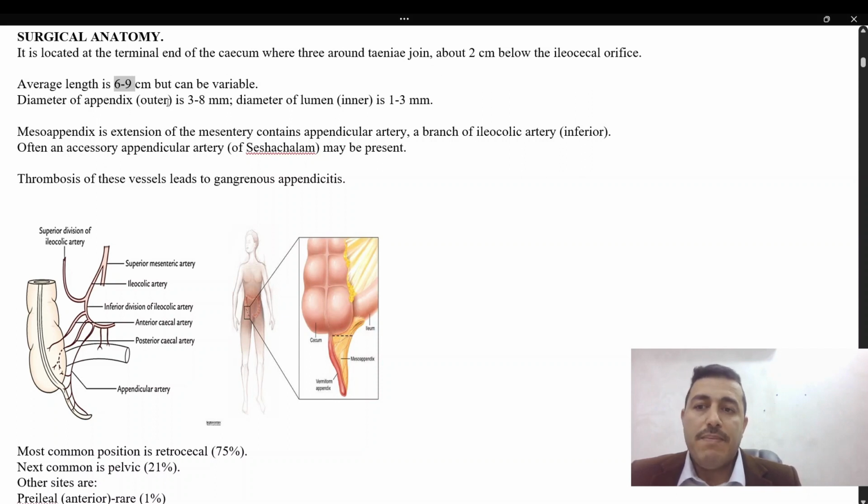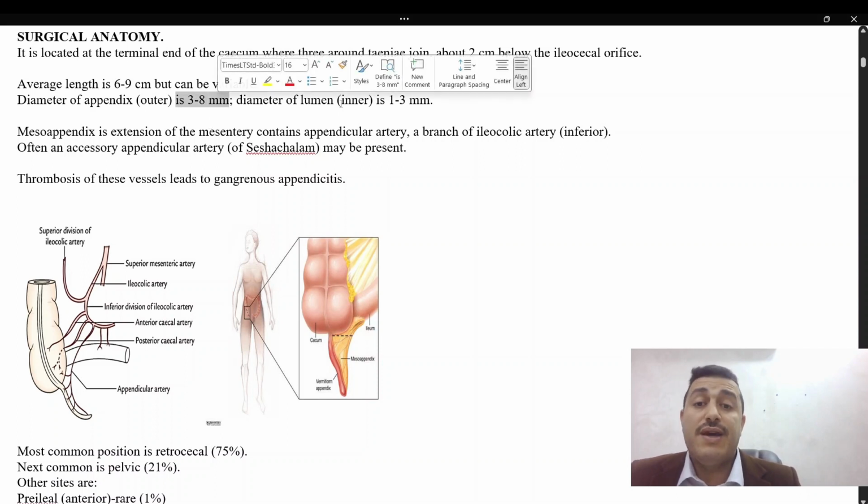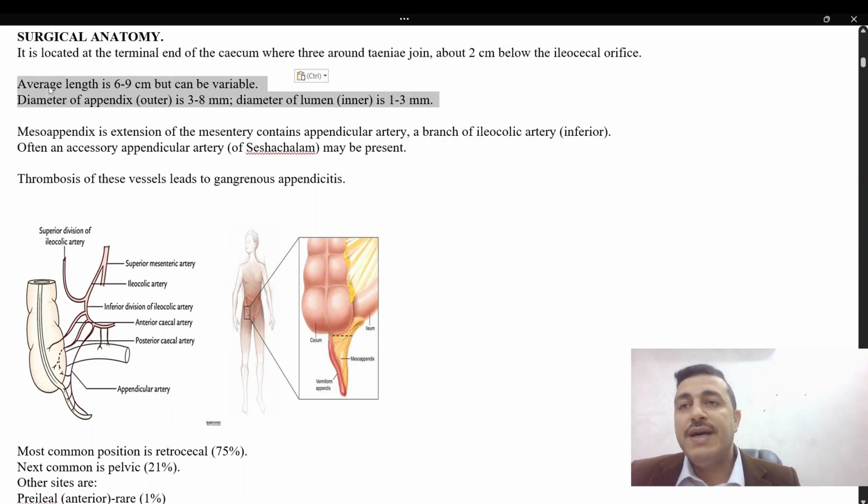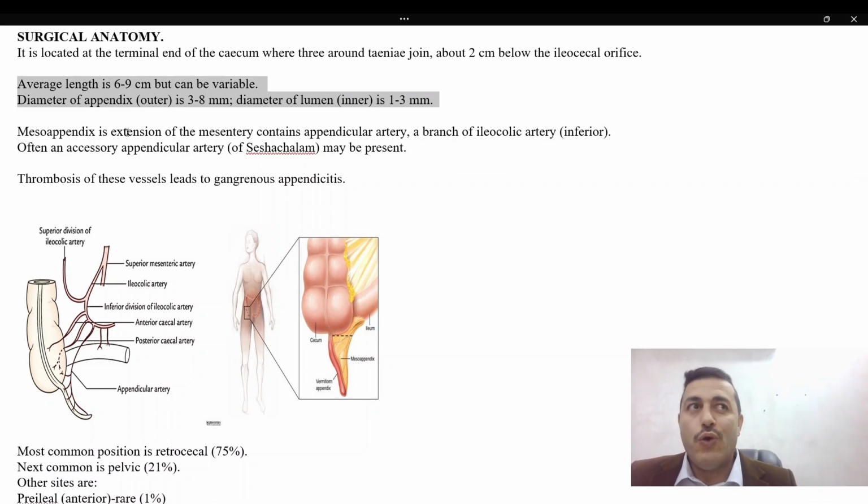The outer diameter is about 3 to 8 millimeters, and the inner diameter, called the luminal diameter, is 1 to 3 millimeters. Actually, the problem with these numbers is they have no clinical impact on the diagnosis, because even in the CT, we cannot depend on the diameter alone to say whether this is appendicitis or not.